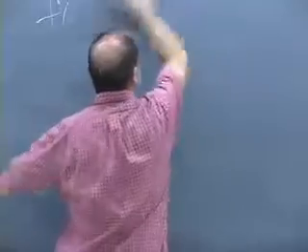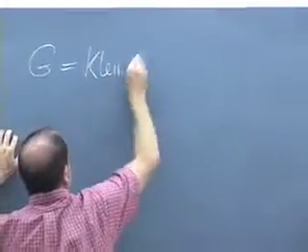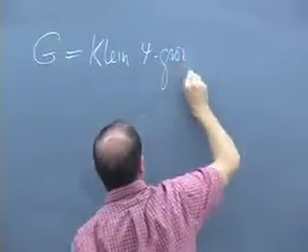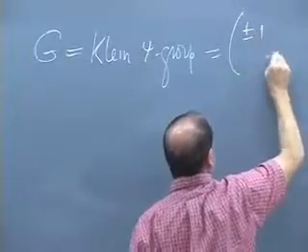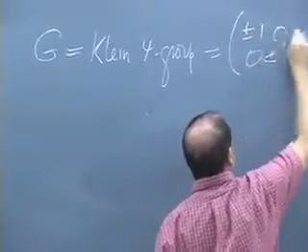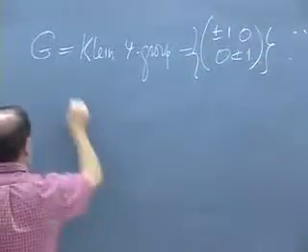Let's take a nice group like the Klein 4 group, which Peter exhibited to you as the set of matrices in 2 by 2 matrices that have plus or minus 1s on the diagonal. Now, that group has 4 elements in it.